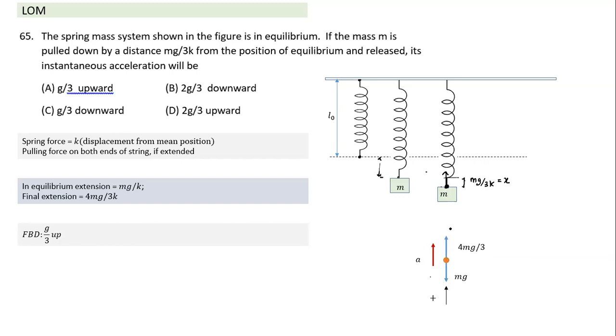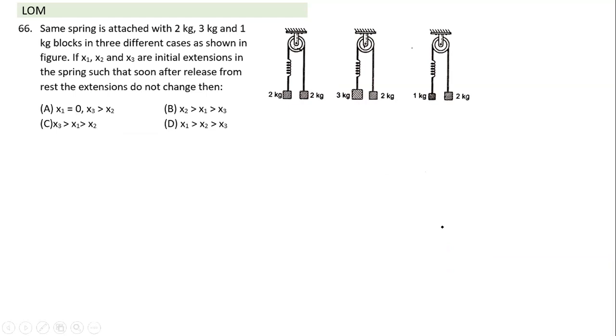Fairly simple. Now come to some other question. Many times we come across questions where a spring is connected to a string. If the string has a particular tension force T, and the spring length is not changing, then this side of the spring also has the same tension T, because both the forces on the spring have to be equal.